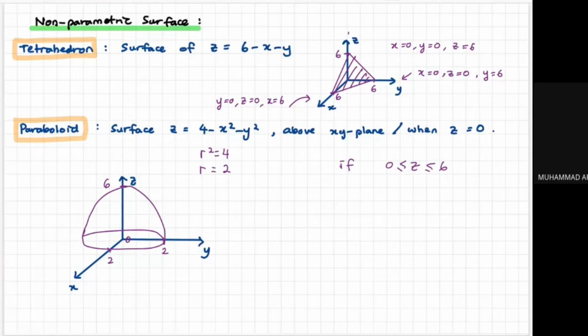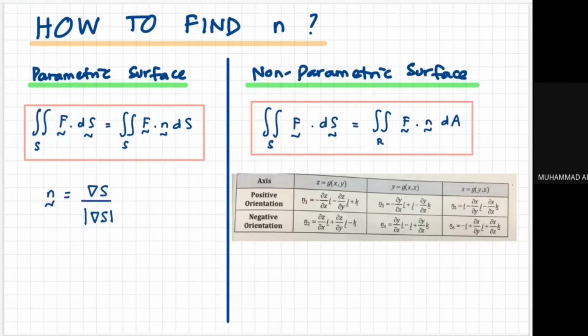Normally, it will be given in the question. So you can find the surface integral. The formula for the surface integral for a parametric surface is the double integral of f dot n dS. So your n will be the gradient of S over the magnitude of the gradient of S. A parametric surface is a sphere, cylinder or hemisphere.